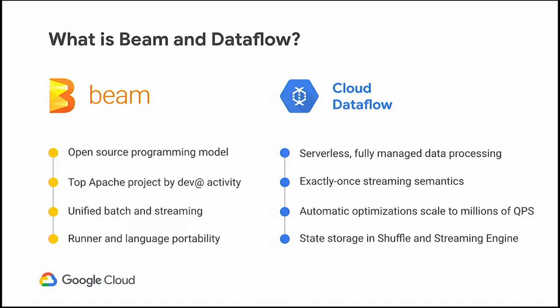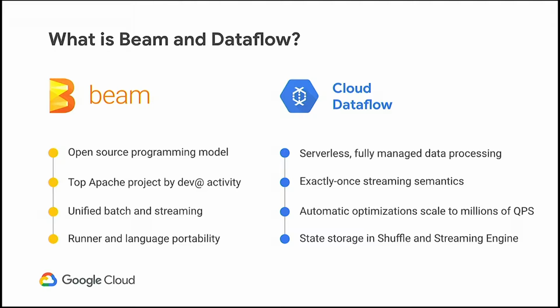Let me give you a couple of differentiation points between Apache Beam and Dataflow, kind of explain what the difference is. Apache Beam is the, actually I'll start with some historical overview. About several years ago, Google open sourced the Cloud Dataflow SDK. It became a top-level Apache project.